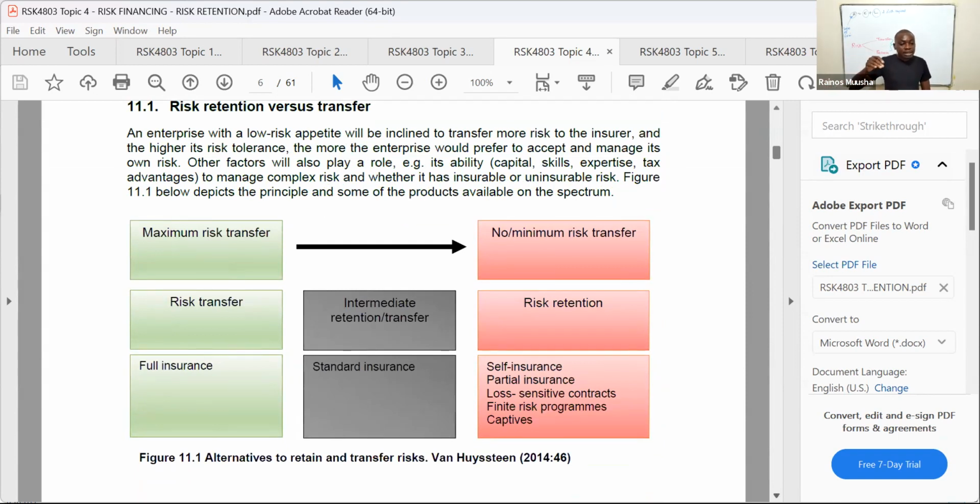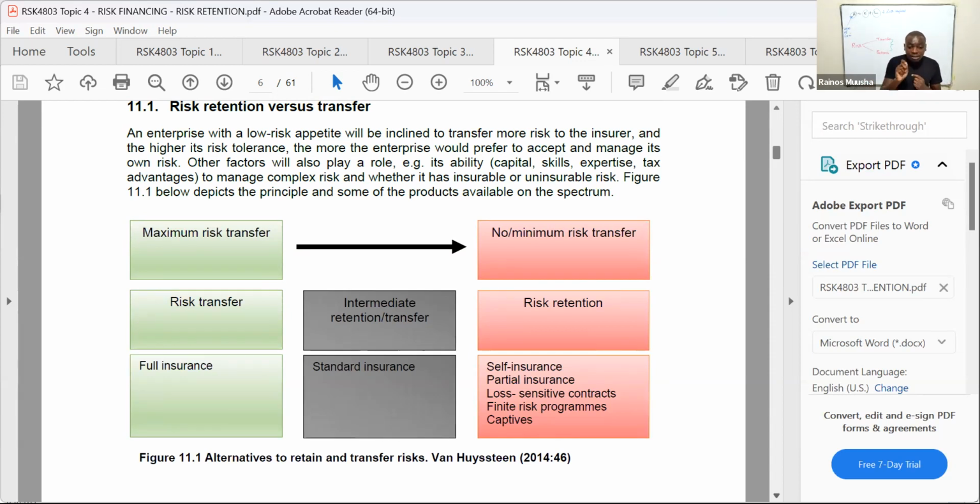The main message there is that if you choose as an organization to say, yes, we want to retain the risk, do you have the willingness to retain the risk? But over and above that, do you have the capacity to retain the risk?